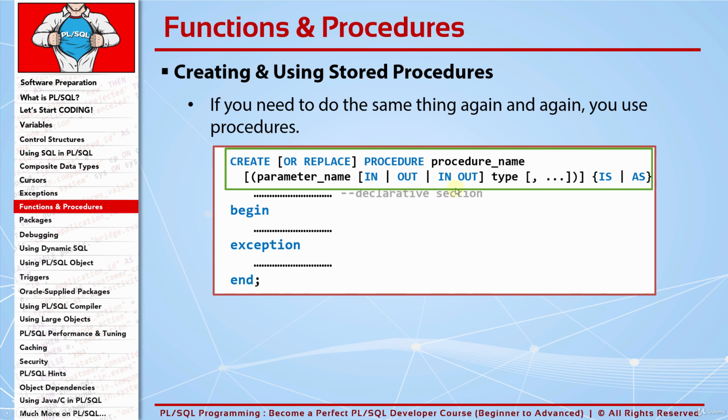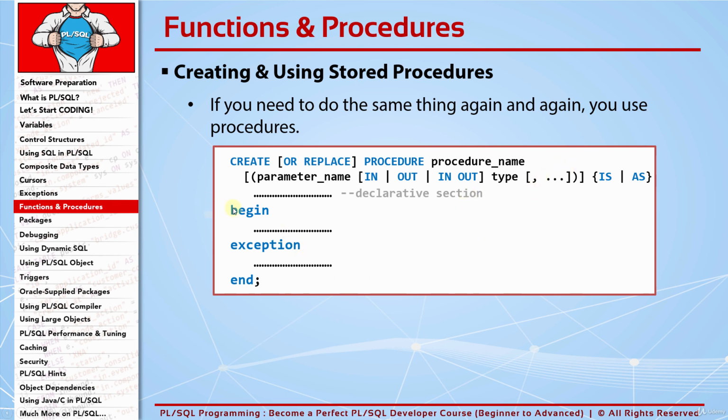Then we write the type of our parameter, meaning which type of parameter will be used here. And then we write our is or as keywords. One of them will be accepted. It's up to you. Actually, in here, we need to write create, procedure, procedure name, and is or as keywords. These are mandatory. The rest of them are optional.